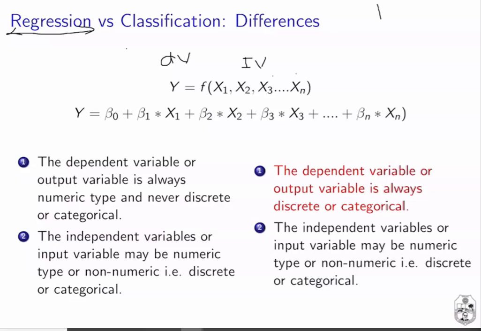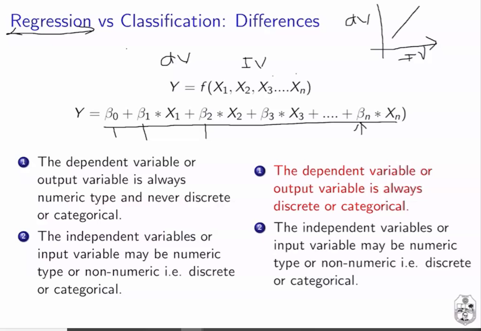Most of the time, we assume that the relationship is linear, and for multiple linear regression the relationship is like this: beta 0 plus beta 1 times x1 plus beta 2 times x2 plus beta 3 times x3 up to beta n times xn. The purpose of regression modeling is to estimate the parameters beta 1, beta 2 up to beta n, and we have seen different types of algorithms to estimate the parameters beta 0 to beta n.